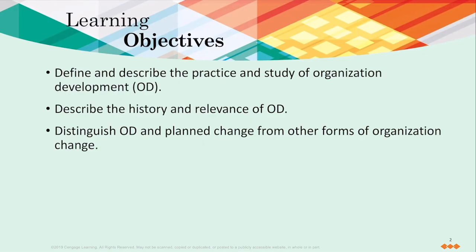Now, some of our learning objectives will be to define and describe the practice and study of org development, describe the history and relevance of org development, and distinguish org development. Org is organizational. Distinguish org development and planned change from other forms of organization change.